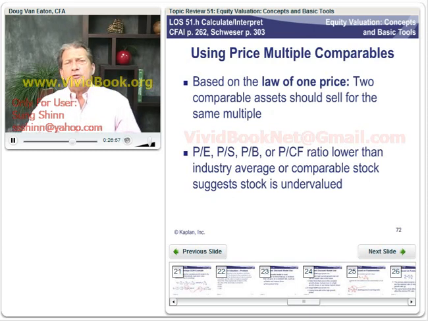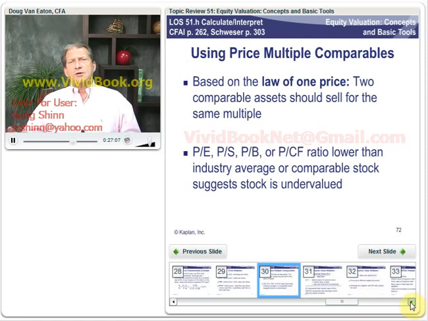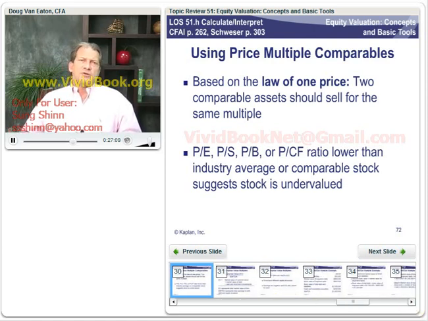So when we use these price multiples, it's kind of like the law of one price. And we say, well, gee, these two firms are similar, they're comparable. So $1 of sales for this firm should be worth the same as $1 of sales for this firm. Or at least that's the assumption underlying this type of relative pricing analysis.